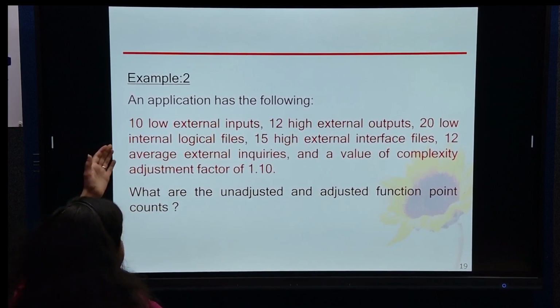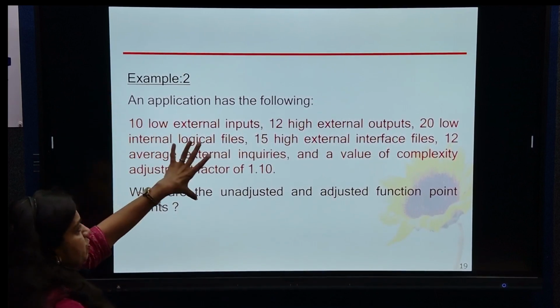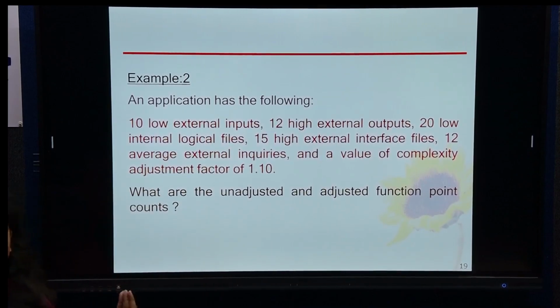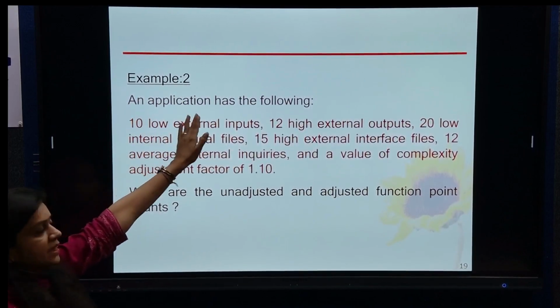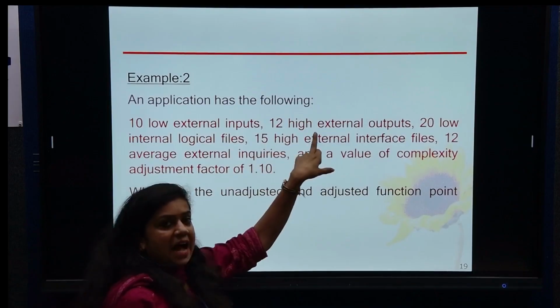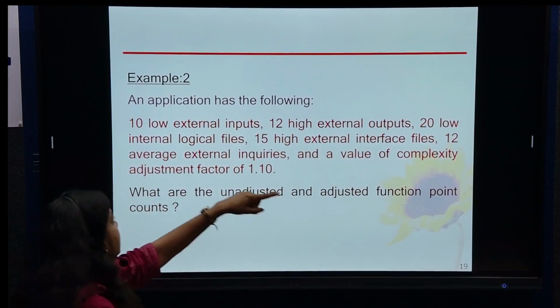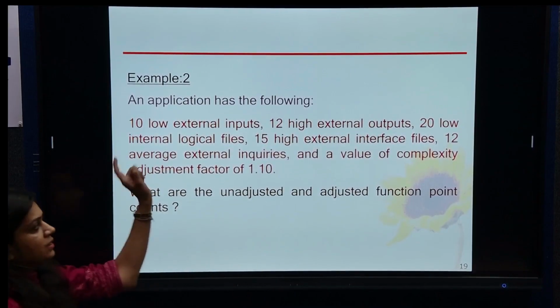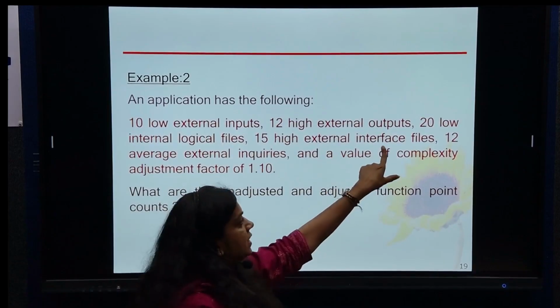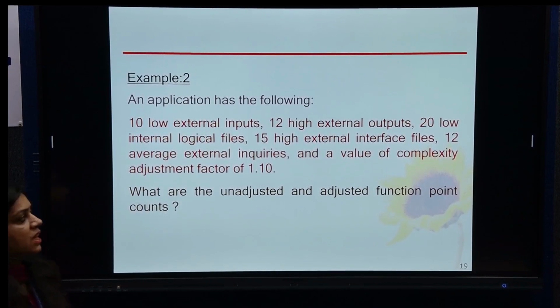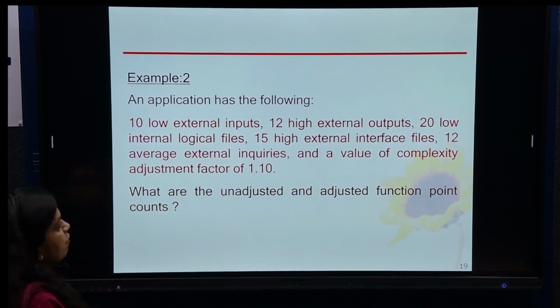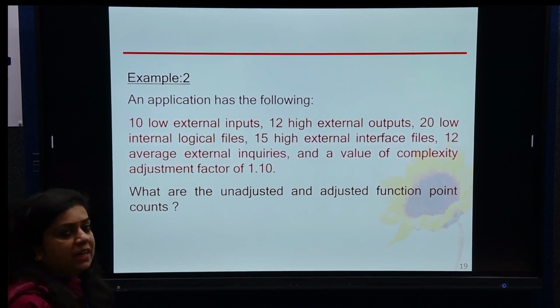In this example, it's individually given whether the functional units like inputs, outputs, inquiries are low, average or high. In this case, there are 10 low external inputs, 12 high external outputs, 20 low internal logical files, 15 high external interface files, 12 average external inquiries, and the value of complexity adjustment factor is 1.10.